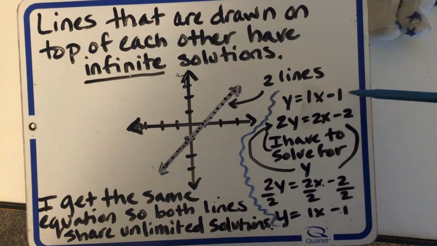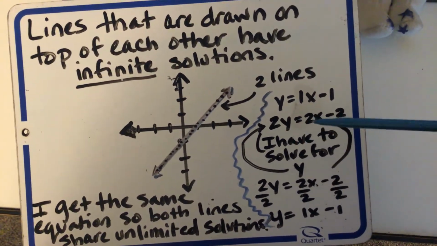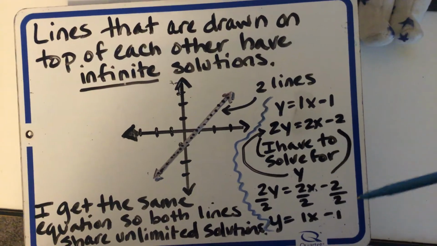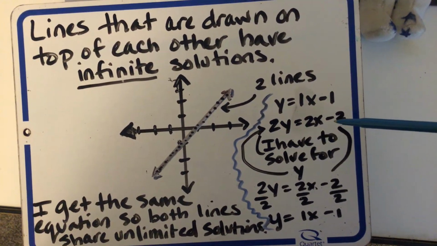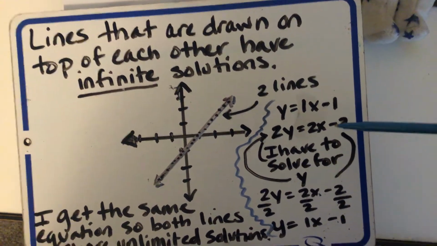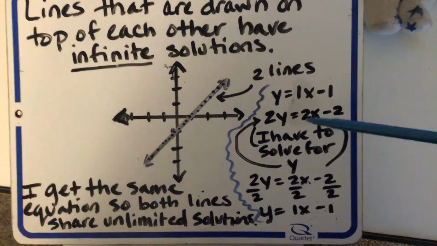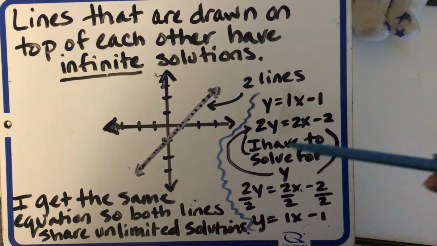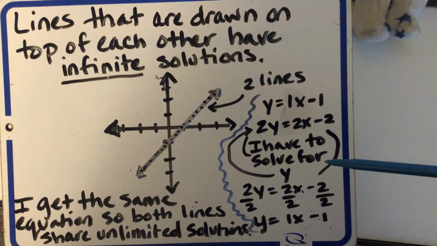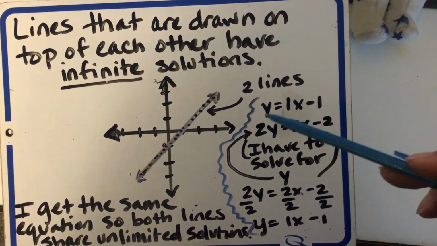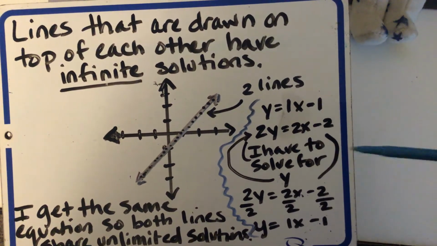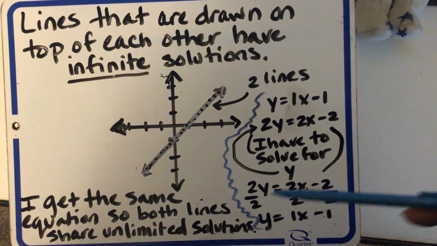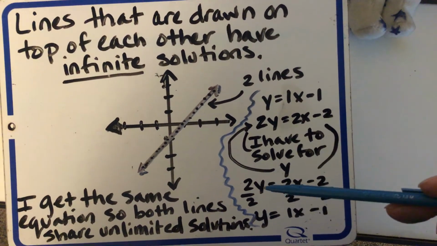I had y equals 1x minus 1 and 2y equals 2x minus 2. And you look at that and you go, well, wait a minute, those equations aren't the same. But in reality, they are, because this bottom equation, we have to solve it for y first. Remember, we always want our equations in y equals mx plus b form. So to solve for y, I just needed to divide everything by 2 to get the y alone.